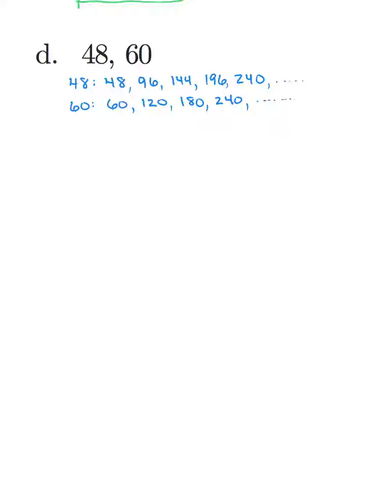I stopped there because right now I see a common multiple, I apologize. 240 is a common multiple. If you were to continue your lists, you would also get 480, 720, 960.